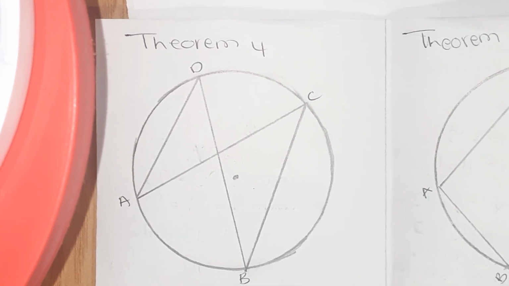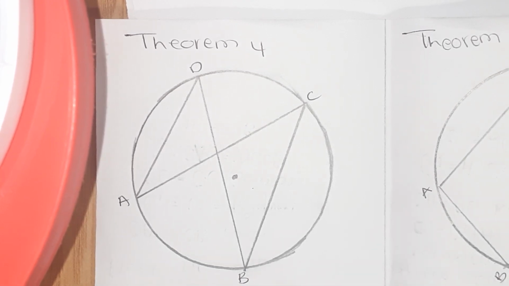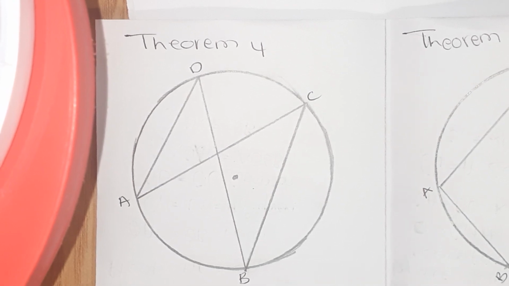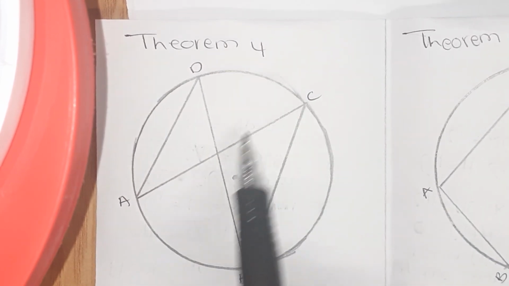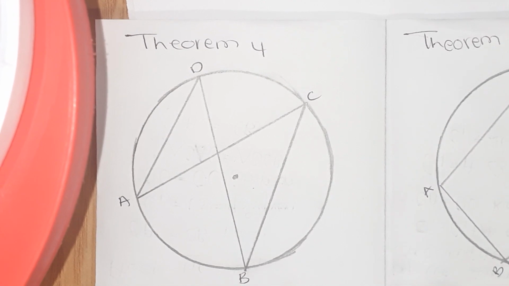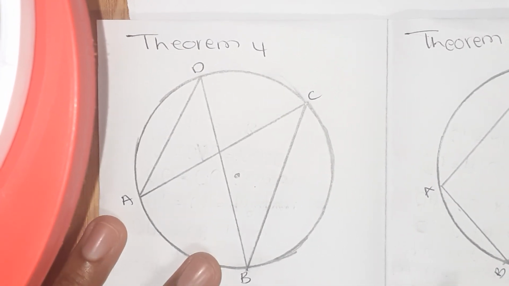All right. For theorem 4, this is what we have, right? From theorem 4 and 5, this can be used to prove a cyclic quadrilateral. Anything that has 4 points is a cyclic quadrilateral. So this is a bow tie, right?